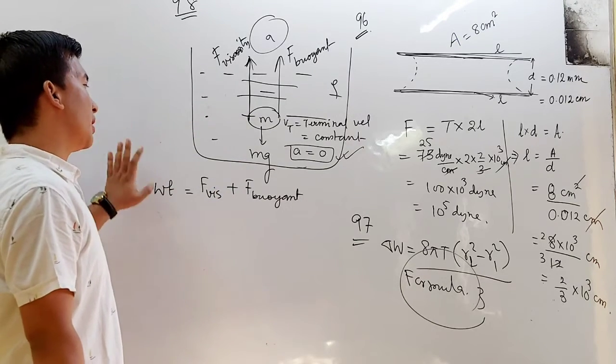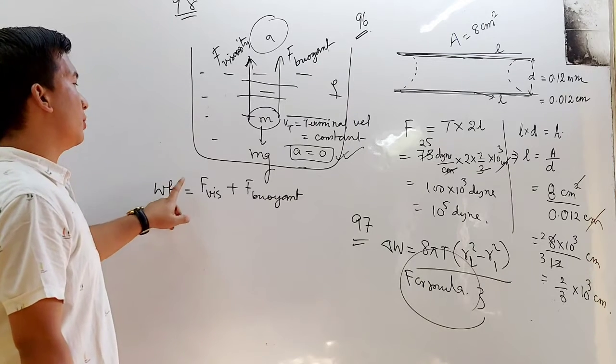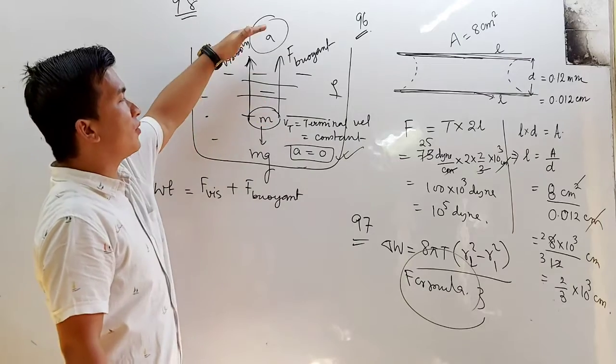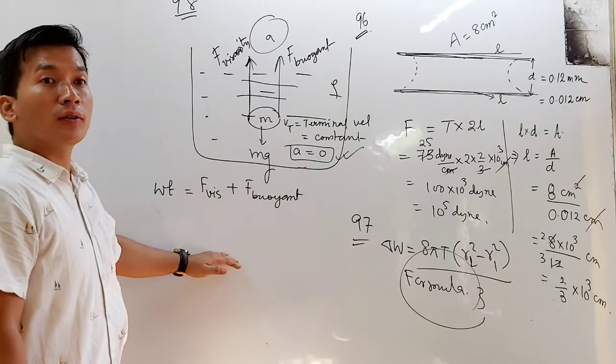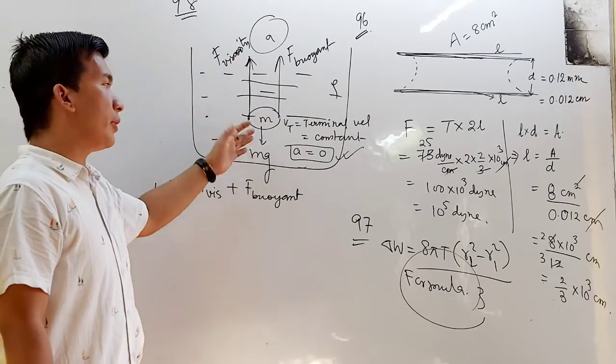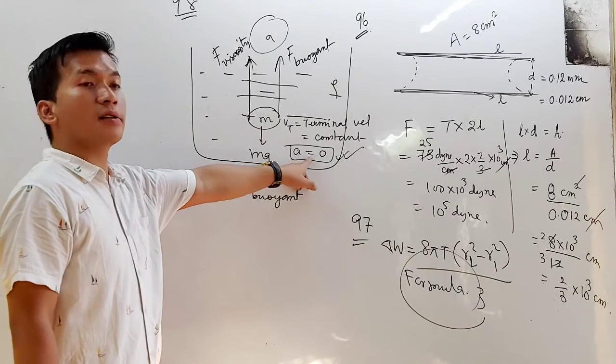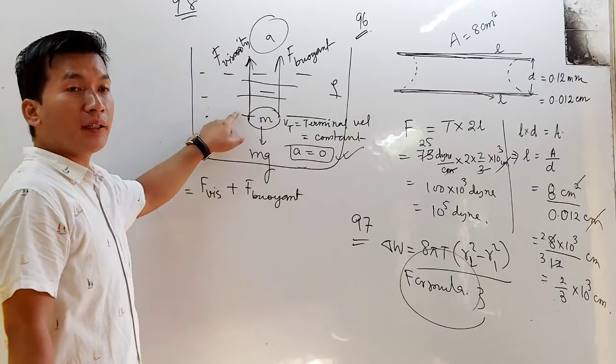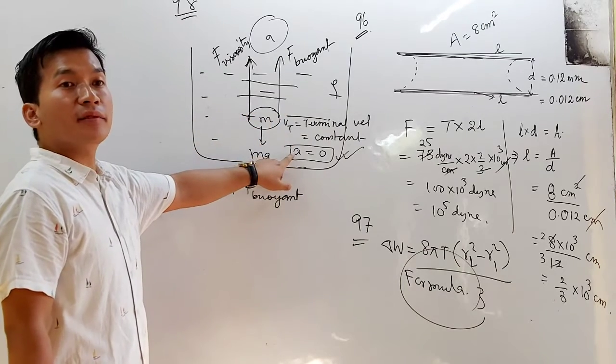Upward acting force equals downward acting force. Your equilibrium position is also obtained when acceleration is equal to zero. Terminal velocity is obtained when the acceleration becomes zero.